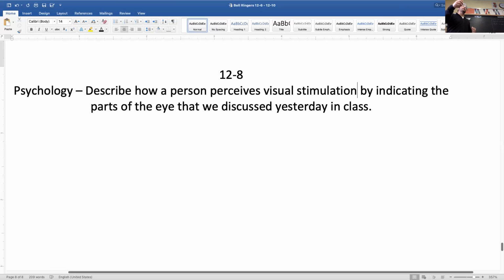So then it's sending this information through neural messaging, ganglion cells, bipolar cells to what? This is a direct path to the part of the brain that understands visual stimulation. Go ahead. The optic nerve. Yep, good job. And are there any photoreceptors located on the optic nerve? No. Good job. And we'll talk about that today with the blind spot.